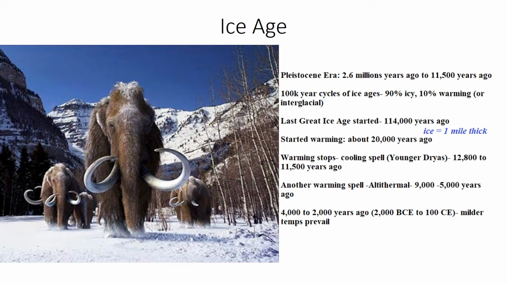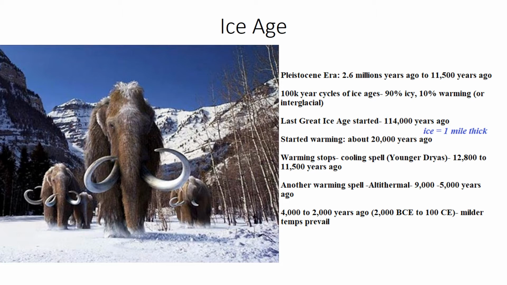So in this case, we're talking about roughly 114,000 years ago, an ice age began and lasted a little over 100,000 years. About 20,000 years ago, or about 18,000 BCE, things started to warm up and the ice started to melt.